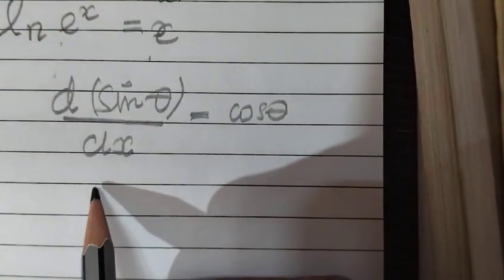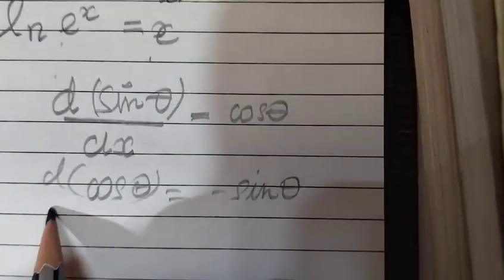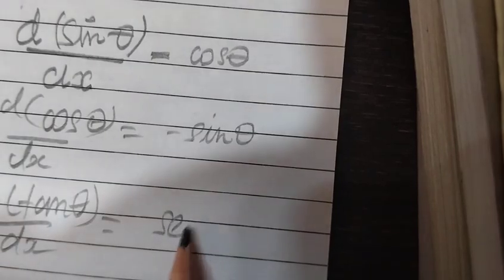I'm just going to write in a summary. For cos theta it is equal to minus sine theta. Just check what it is. For tan theta we have sec square theta.